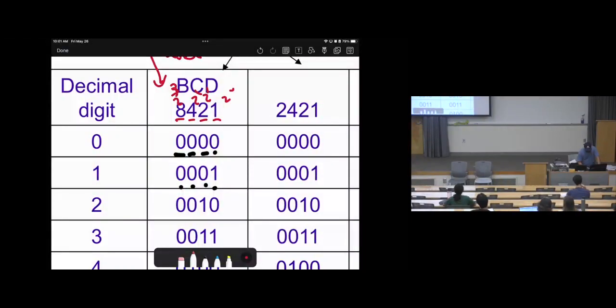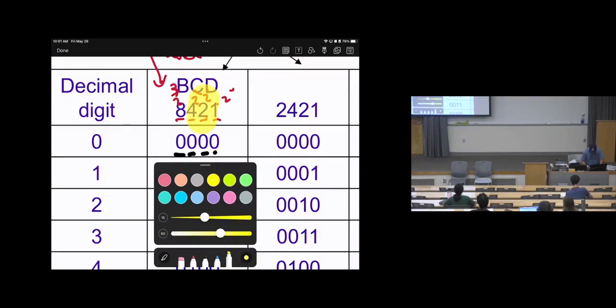Then the value of 0: 0 times 1, plus 0 times 2, plus 0 times 4, plus 0 times 8 will be 0. The value of 1: 1 times 1 will be 1. The value of 2: 1 times 2. Let me change the shape, the size.